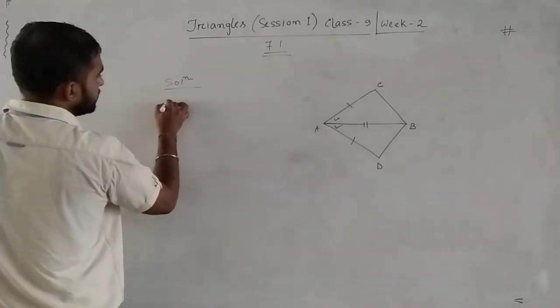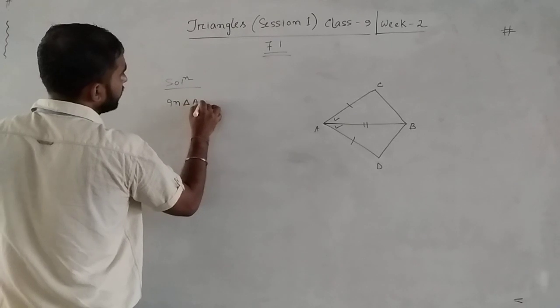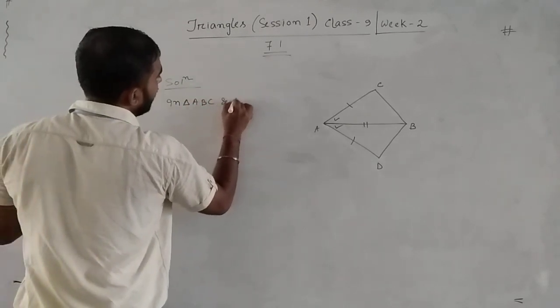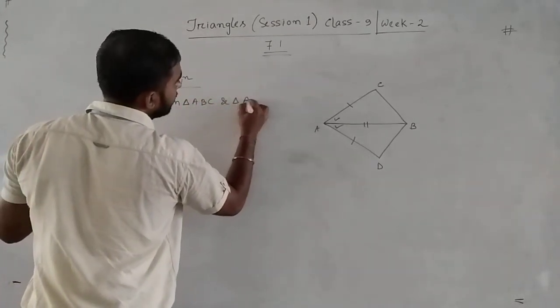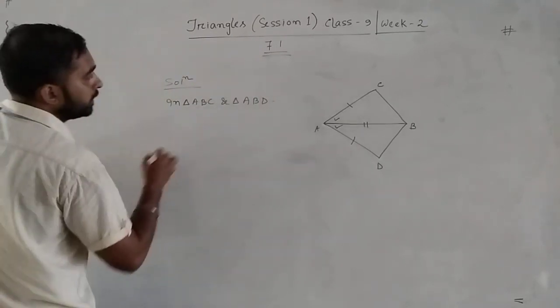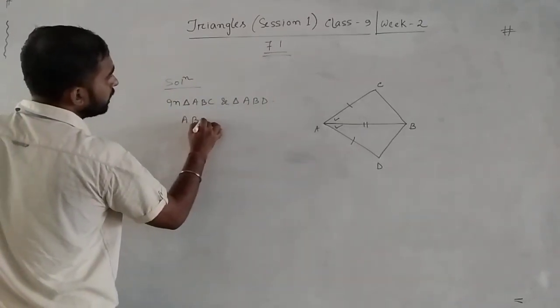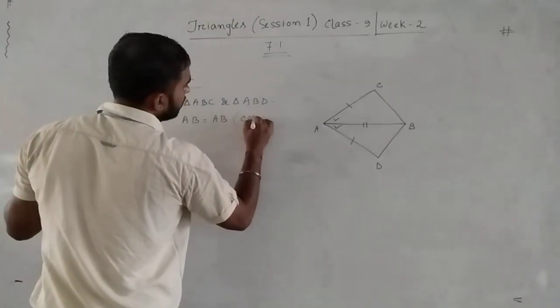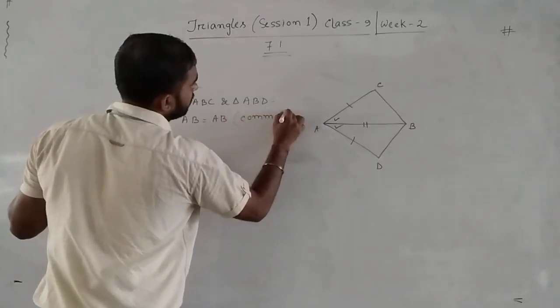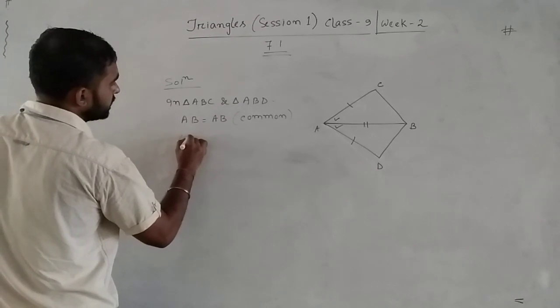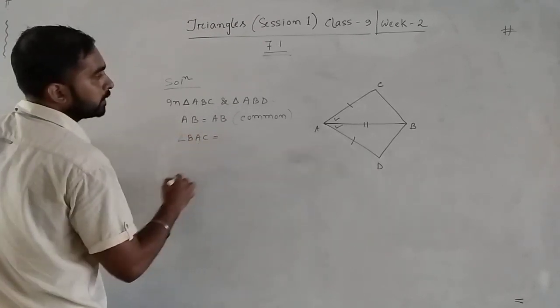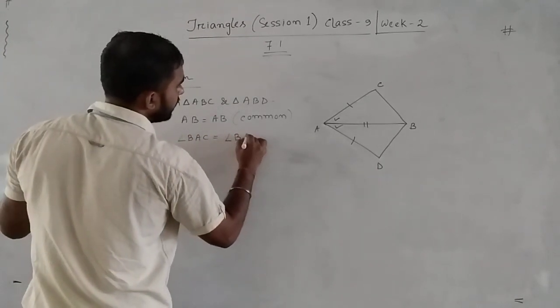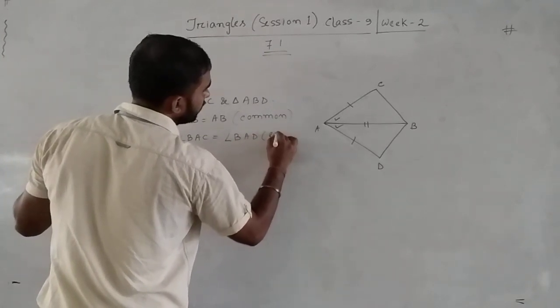In triangle ABC and triangle ABD, AB equal AB, that is common. Then angle BAC equal angle BAD, that is given.